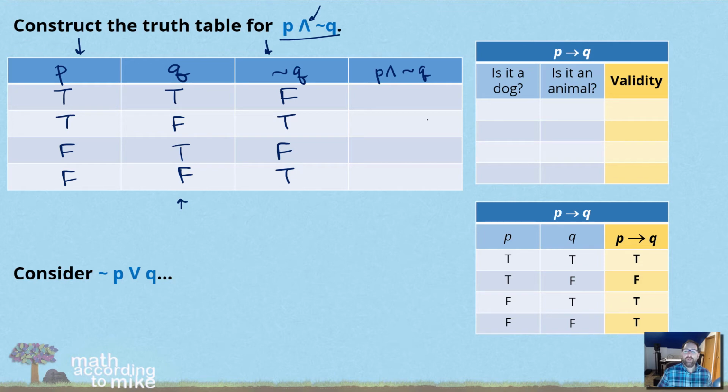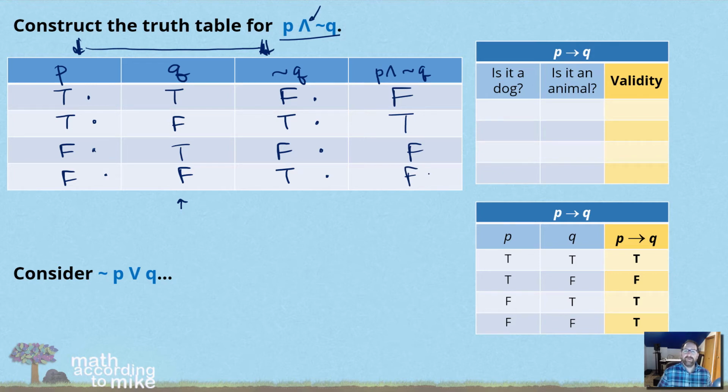And then now we'll do P and not Q. Well, again, here's the P column, here's the not Q column, and we'll AND them together. Remember, AND is only true if they are both true. So we have true and false is false. True and true is true. False and false is false. False and true is false.